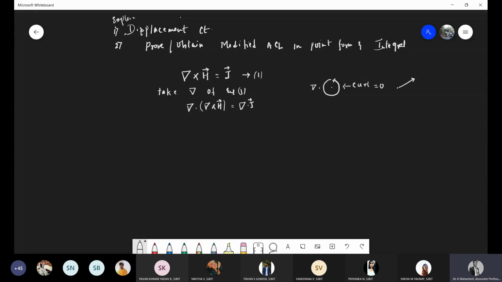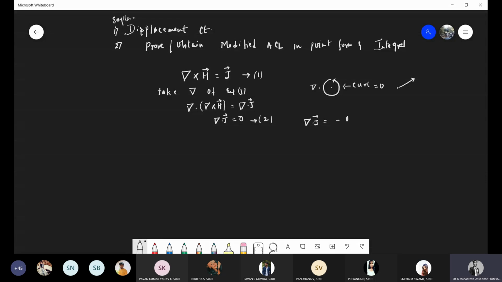So divergence of J is equal to what? 0. Call this equation 2. But what is divergence of J equal to based on the continuity of current equation? The current density is equal to minus, why is this minus?